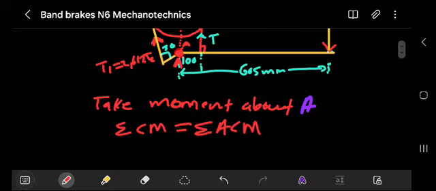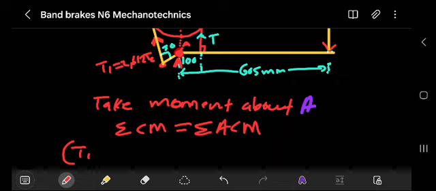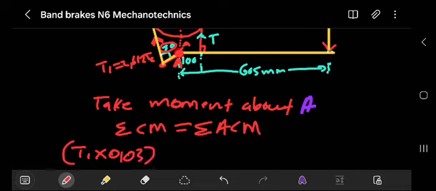Take moment about A. We have T1 here at the end, which must be multiplied with this distance there. The distance is 30 millimeter, so it will be multiplied by 0.03, right?